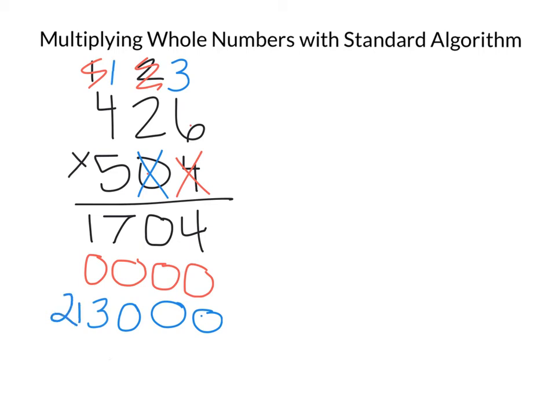Now I add them up. 4 plus 0 is 4. 0 plus 0 plus 0 is 0. 7 plus 0 plus 0 is 7. 1 plus 0 plus 3 is 4. 1 plus 0 is 1. 2 plus 0 is 2. My answer is 214,704.